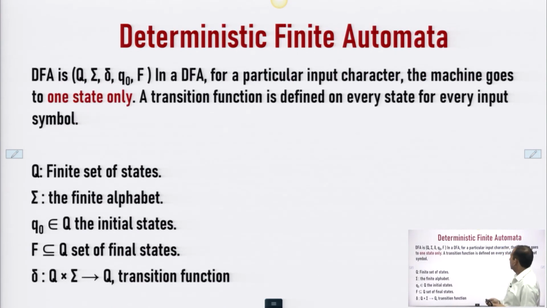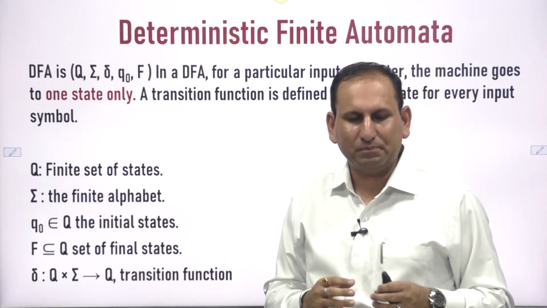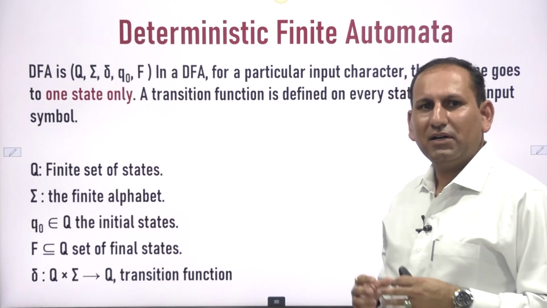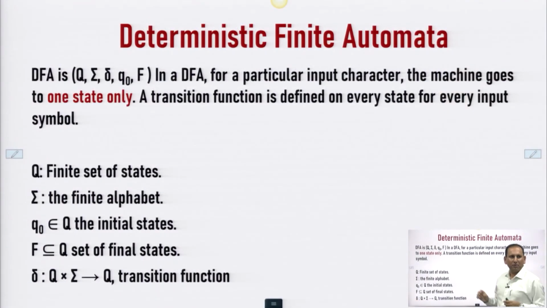Now, we have got two types of finite state machine. The first category is deterministic finite automata, and the second category is the non-deterministic finite automata. So, first we will try to learn about deterministic finite automata.